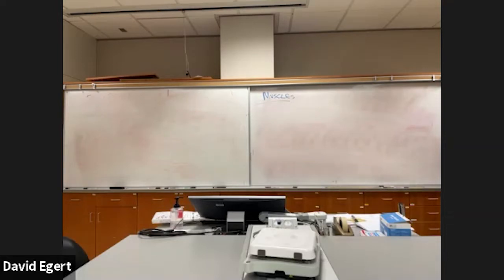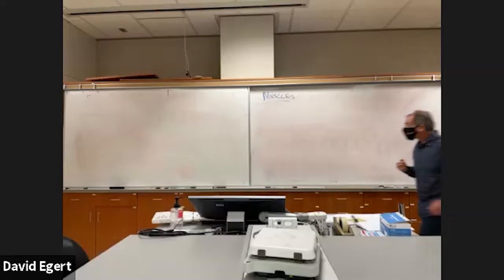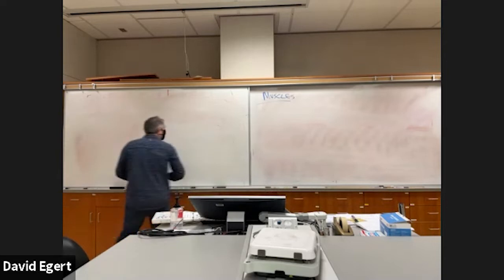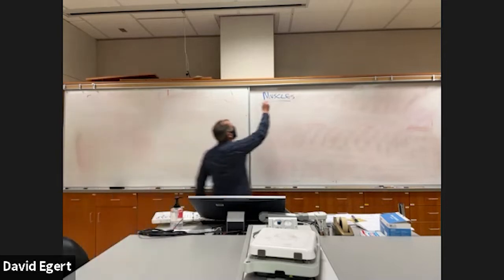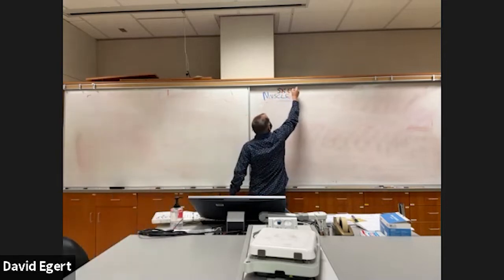Again, this is stuff you've seen in Bio 110, the old actin and myosin yanking on each other. So we're going to look at that in more detail. We are going to be talking about skeletal muscle today.